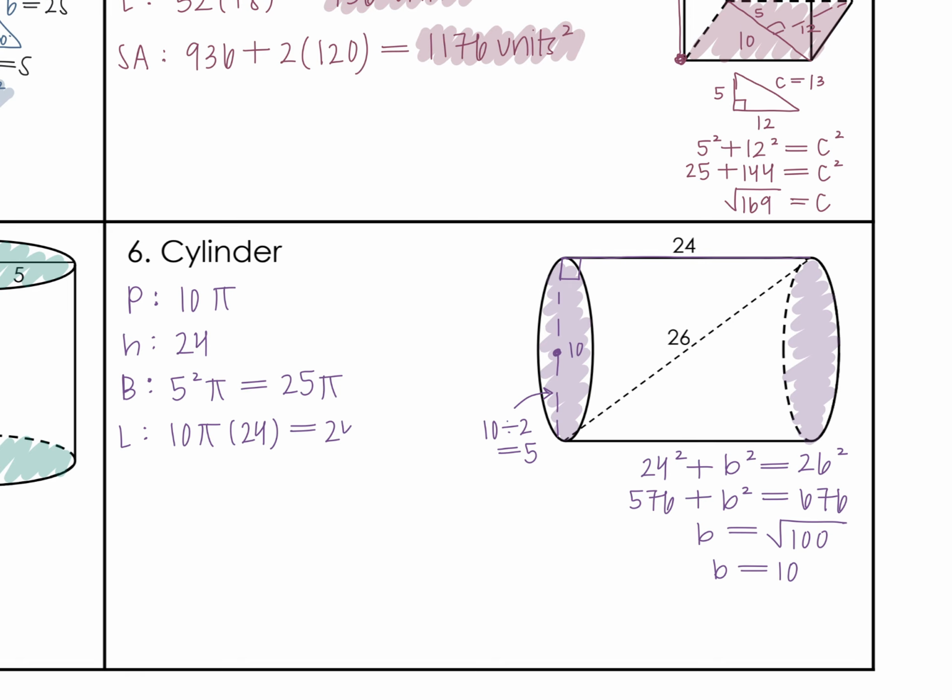And you should get 240 pi. And we'll have our units squared. I'm going to write it down below. And then plug in for our surface area. We would have that 240 pi plus 2 times our area of the base, that 25 pi, which 2 times 25 gives me 50 pi. And then adding that to that 240 is going to give me 290 pi units squared.